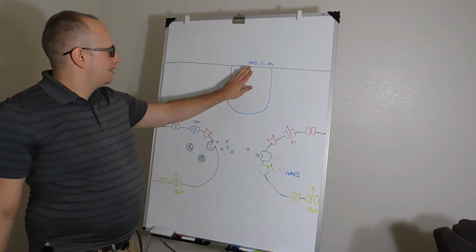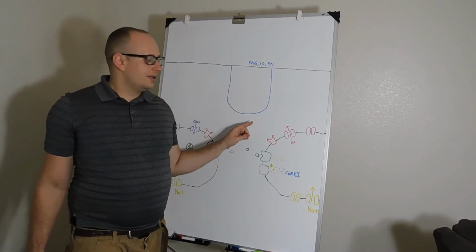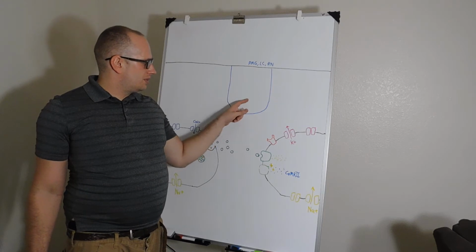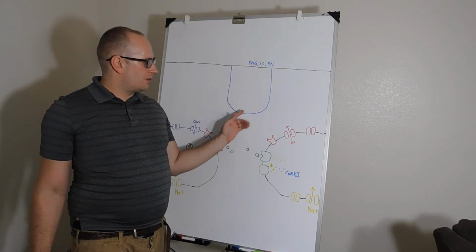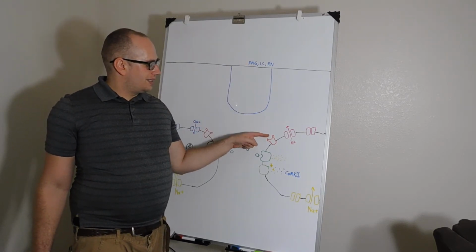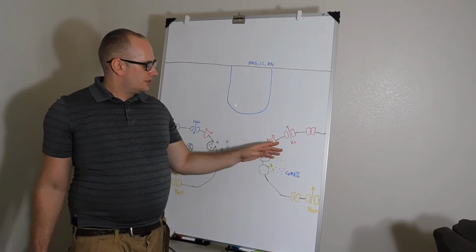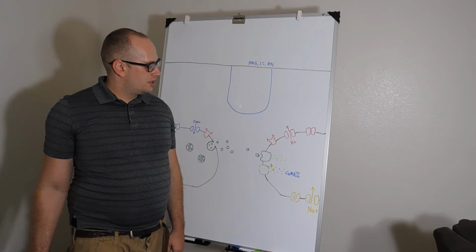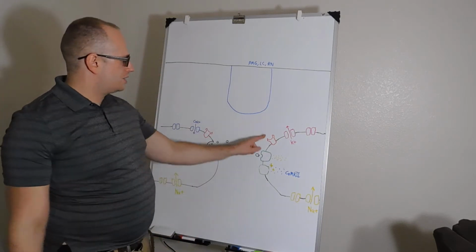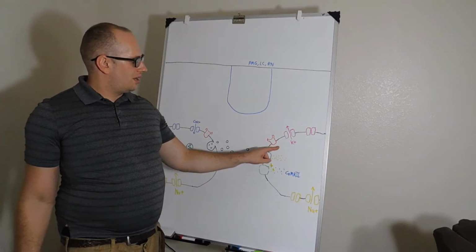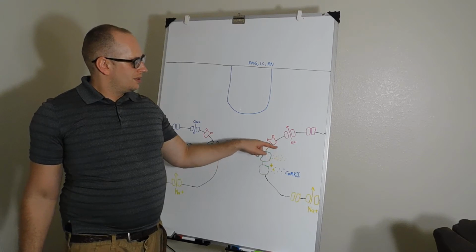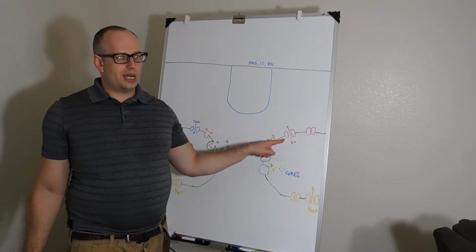So when say beta endorphin gets released from this neuron here that comes down from the periaqueductal gray matter, and it binds to this red receptor here, it triggers the opening of this potassium channel.